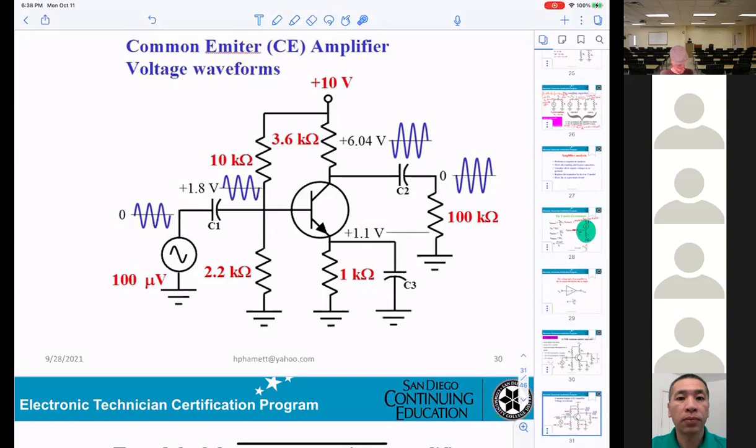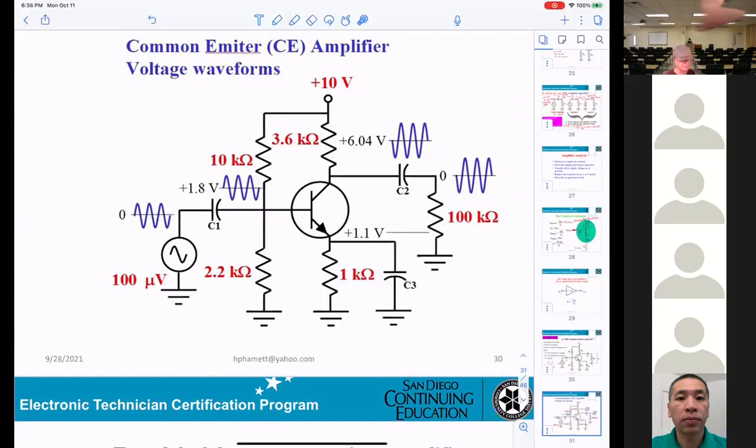If you're looking at this circuitry and they're asking you to measure the AC signal at the base on your oscilloscope, what coupling are you supposed to set?